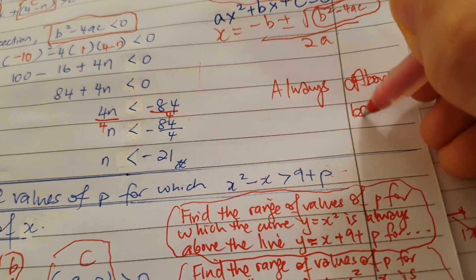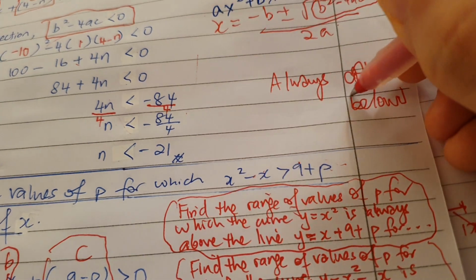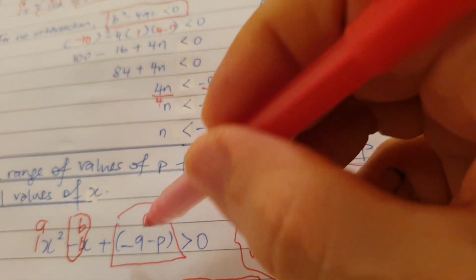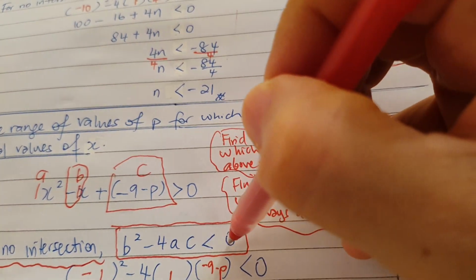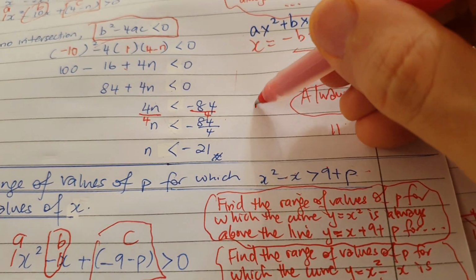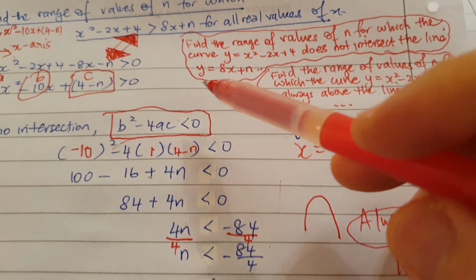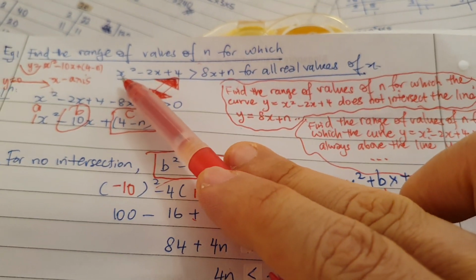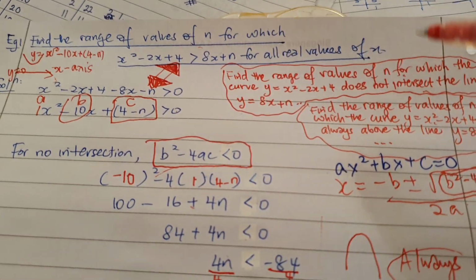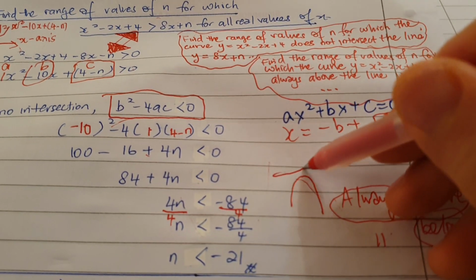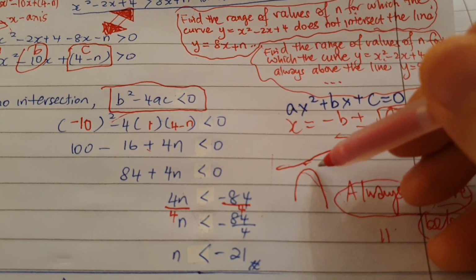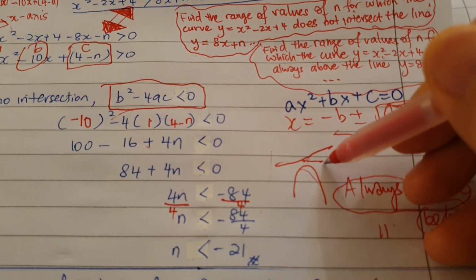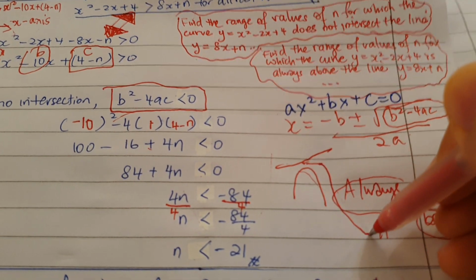When you see phrases like always above or always below, it's always b squared minus 4ac less than 0. Because if I'm always below, that means if they give it to you in the form minus x squared, sad face, right? Then it's always below a line. So again, it is b squared minus 4ac less than 0. No intersection. Okay? So this is what you need to take note of.